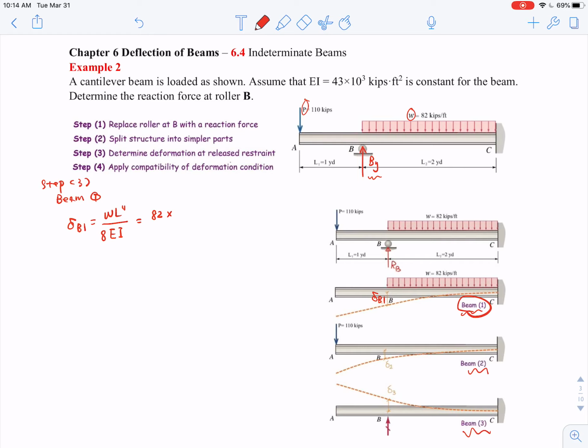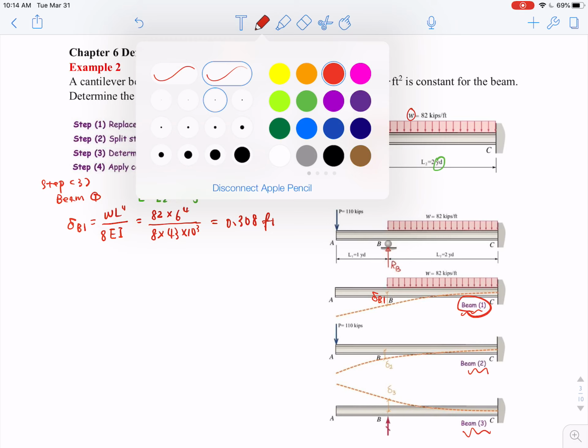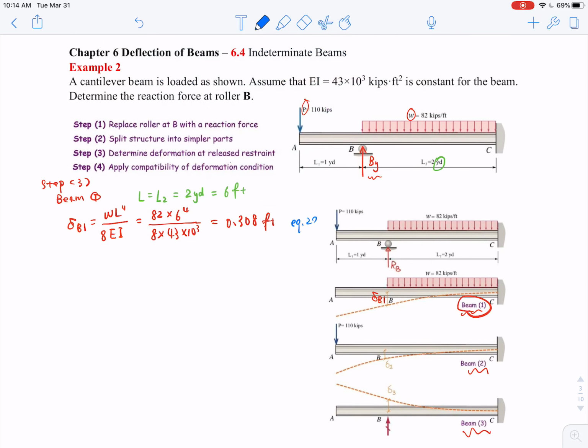Will this L be L1, L2, or L1 plus L2? Here, of course, L equals L2, that is 2 yards, as shown here. 2 yards equals 6 feet, so we need to use 6 here. 6 to the 4th over 8 times 43,000 kip per square foot. Then you will get the result 0.308 foot. And here we just used equation 29.